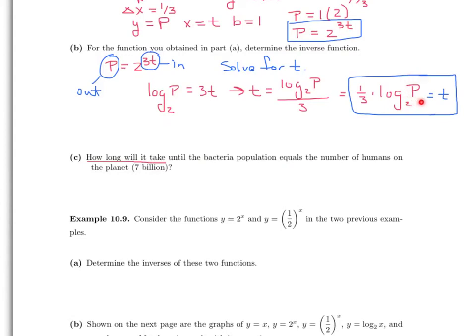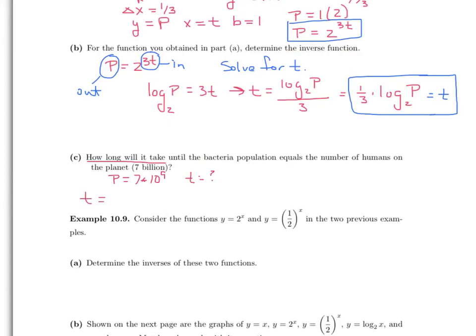It's set up where we put in a particular population size, and it calculates how long it takes to reach that population. So in this case, we're looking at a population of 7 billion. That's 7 times 10 to the 9th power.